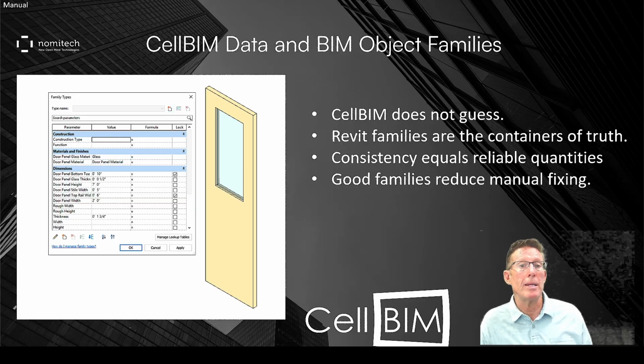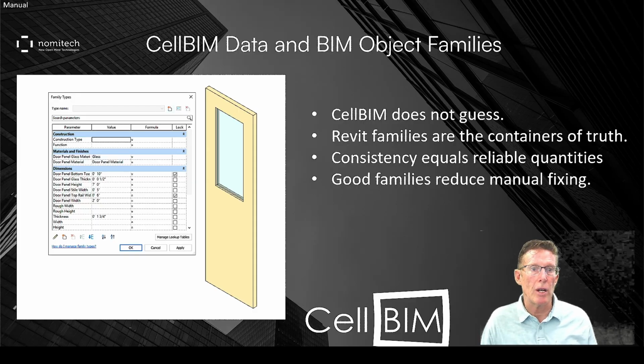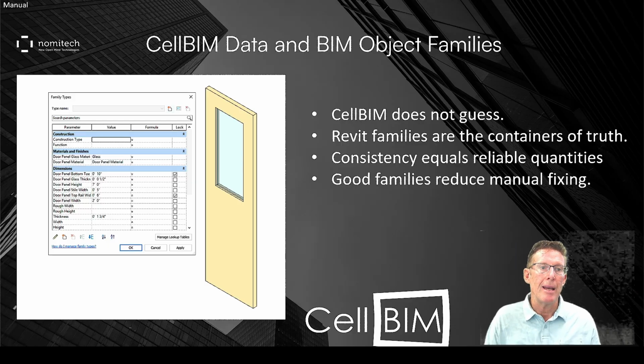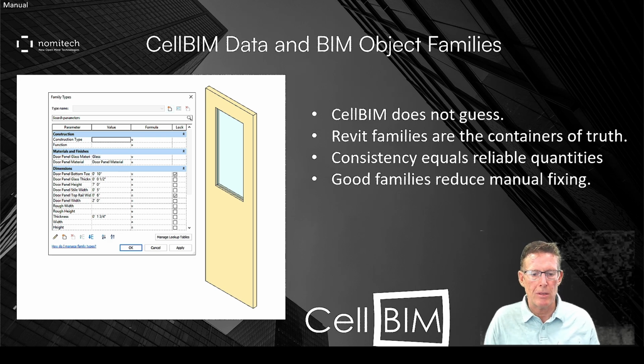And that means the model must be built in a well-structured Revit family. Those families, if they are poorly set up, then the data that CellBIM receives will be incomplete and inconsistent. And that reflects within the quantities. Remember, CellBIM is not a guessing game. It's not ChatGPT or any of the other LLM systems.